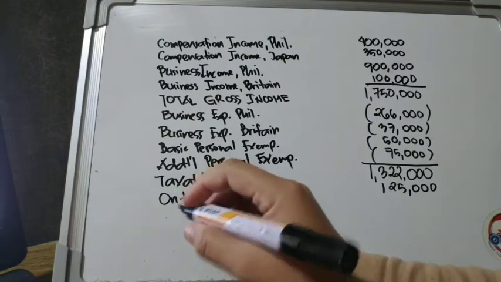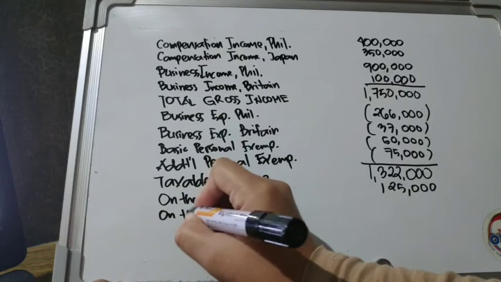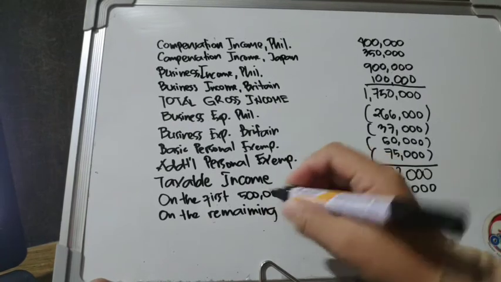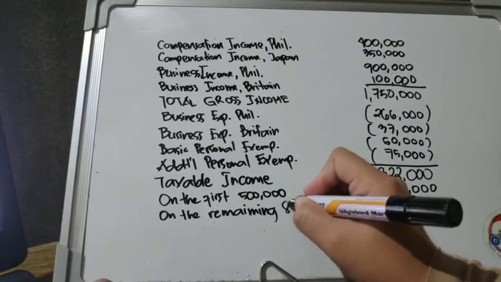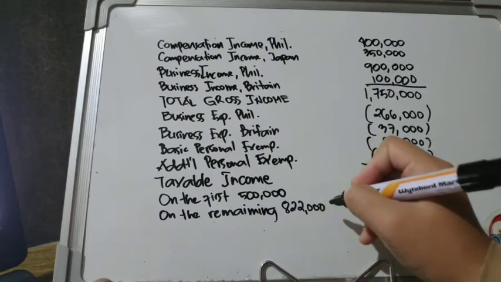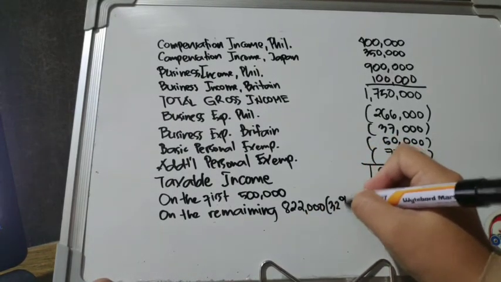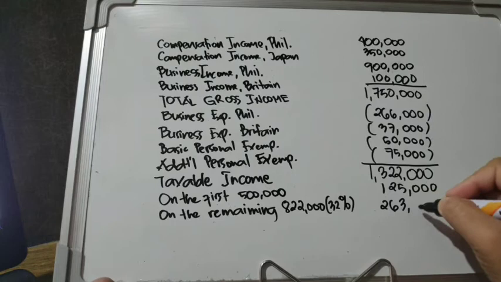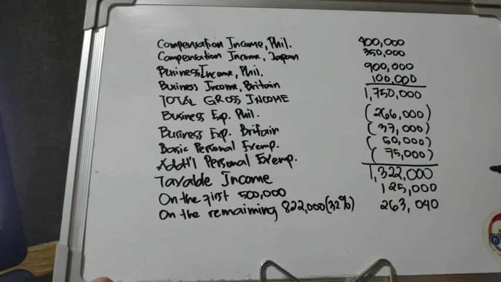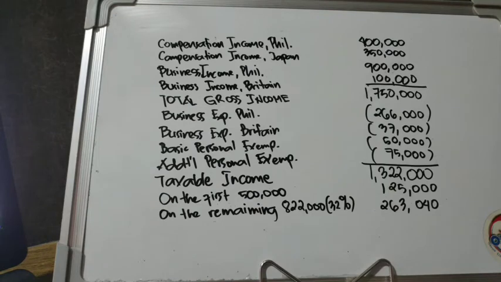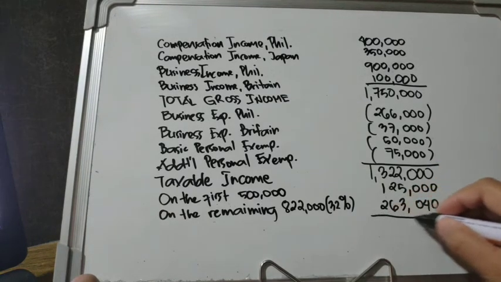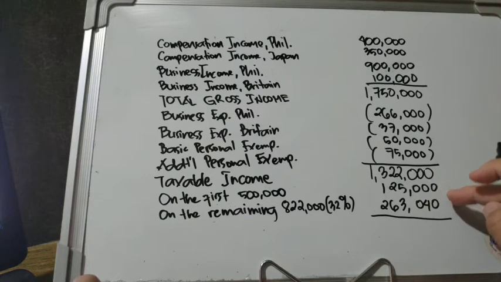You will write it down on the remaining 822,000, kukuha ka ng 32%. So, magkano yan? It's 263,040 pesos. Okay. So, from that, you are done with getting the taxes from this taxable income. Okay. So, ang ito-total mo lang, ito lang dalawa.